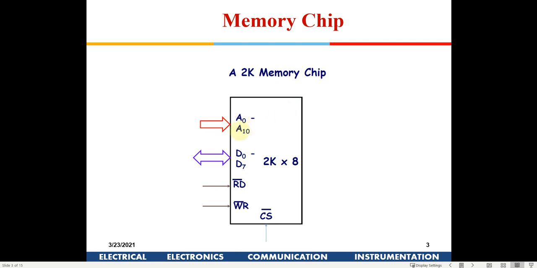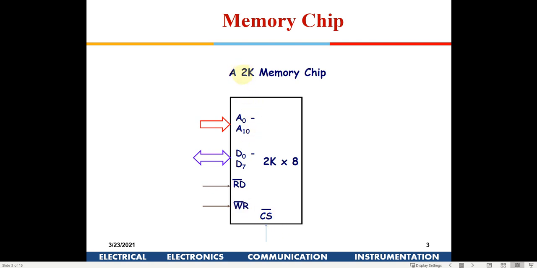11 address lines. There will be 2K different rows, and in each of the rows there will be 8 unique memory cells, so that the data will be taken in parallel, giving D0 to D7. You will have a 1 byte data line connected onto this memory cell, and then you will have a read bar signal, a write bar signal, and a chip select signal.